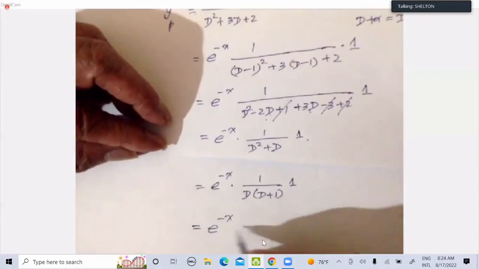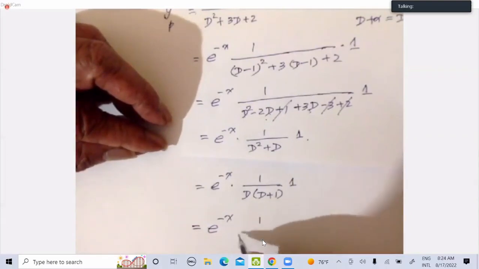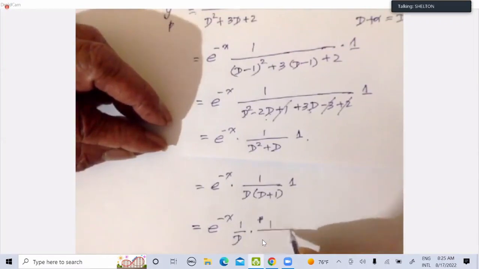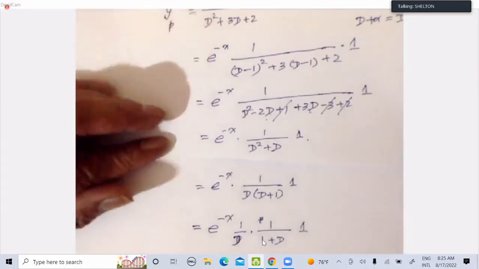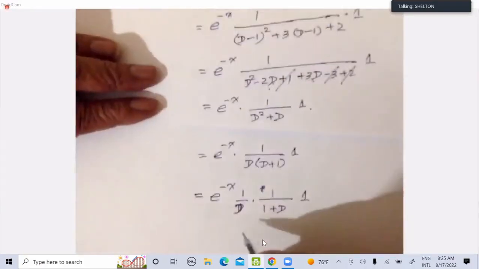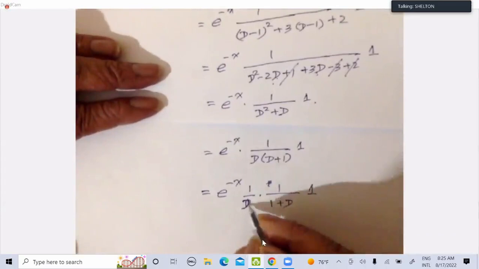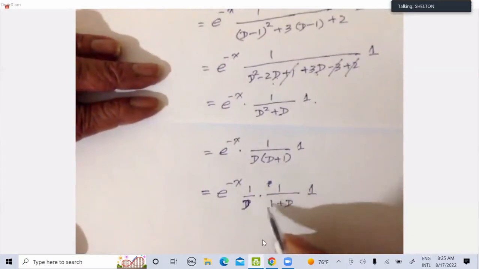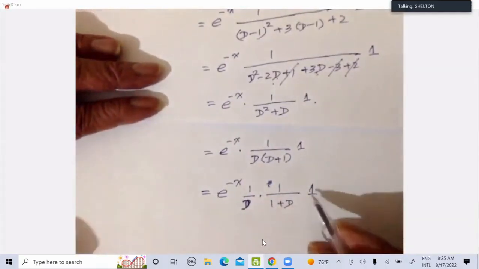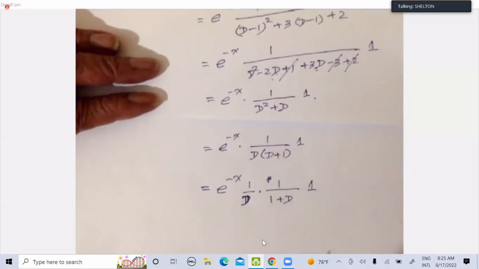We have to write it as 1 over D times 1 over 1 plus D, of 1. 1 over D, we know, we can just integrate. 1 over D is integration. But before that we have 1 over 1 plus D also. There is no way to substitute anything and do it.